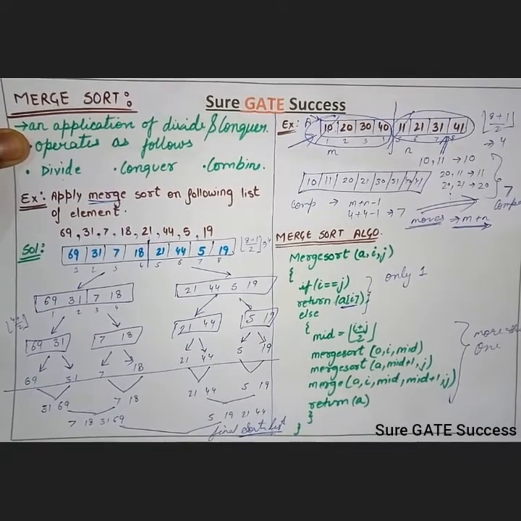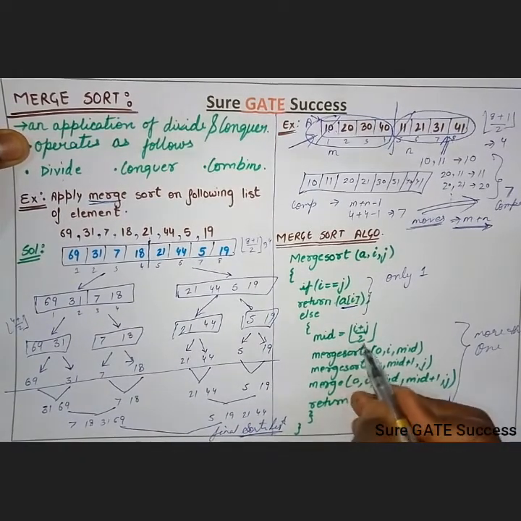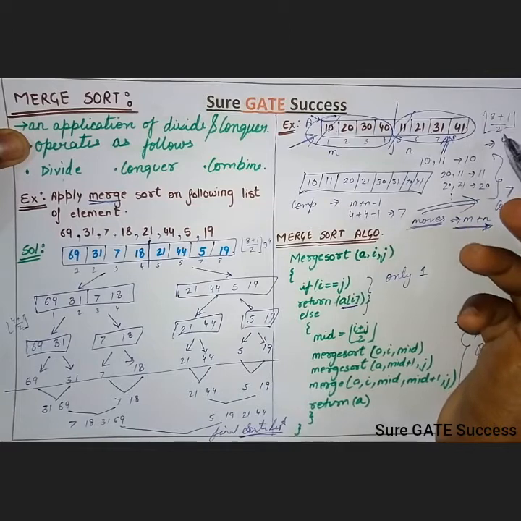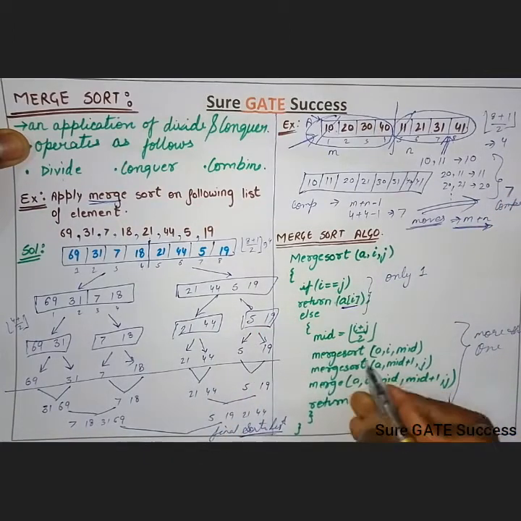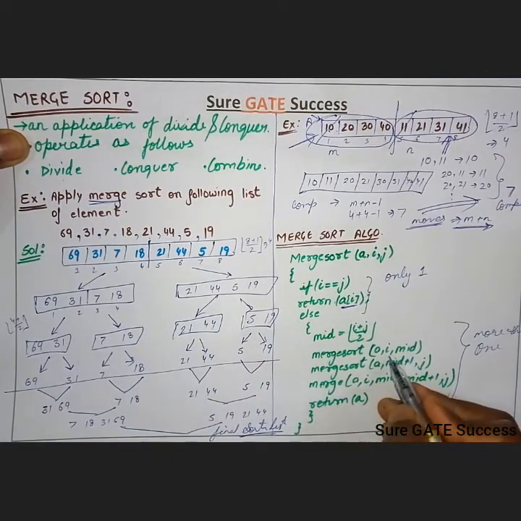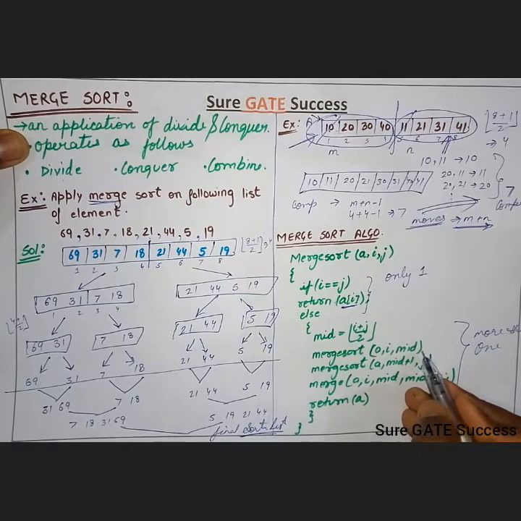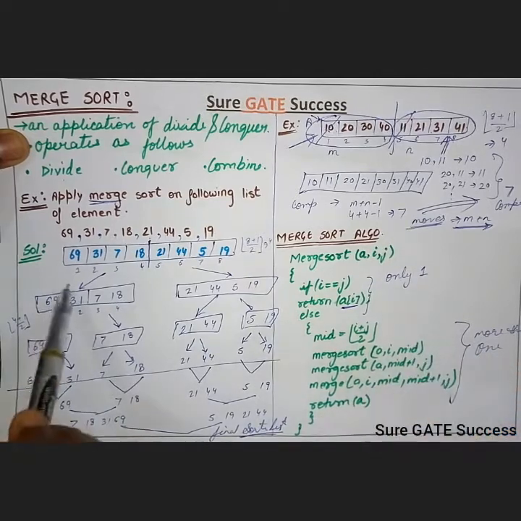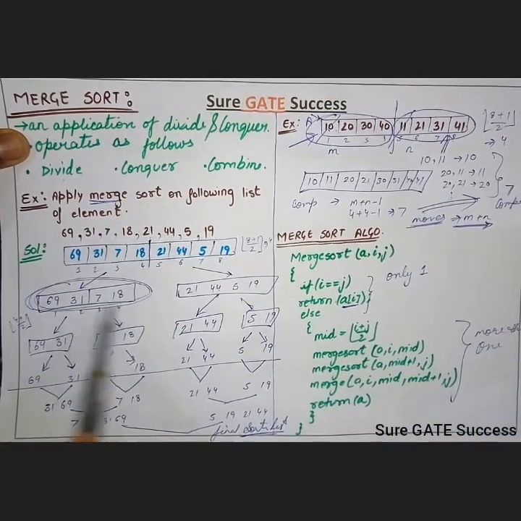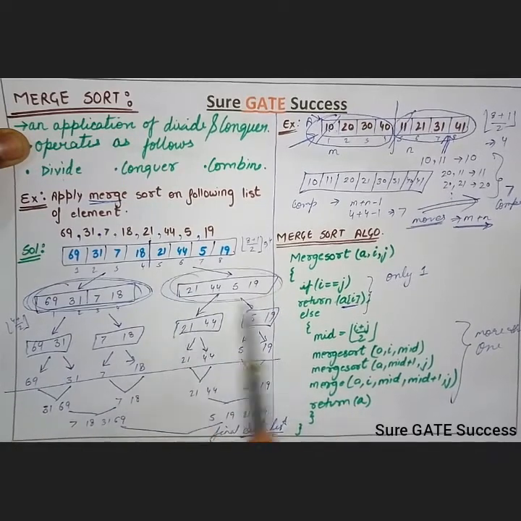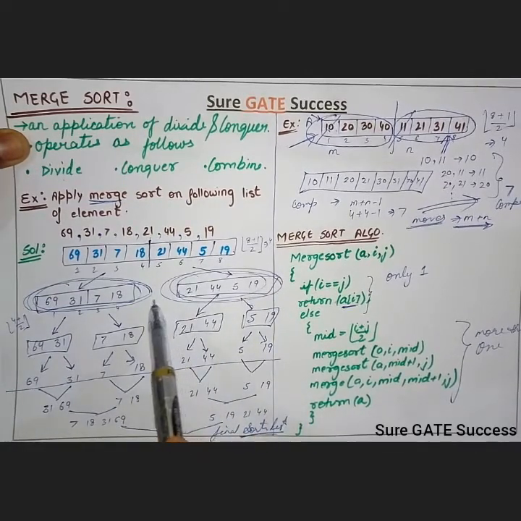So for more than one, what do we have to do? We have to firstly divide, as we have done here and here. Then we have to apply merge sort from i to mid, that is from this part starting to mid, and from this part, that is mid plus 1 to j.